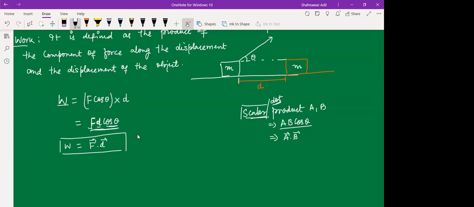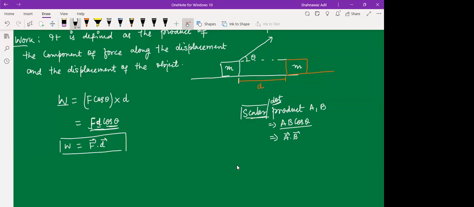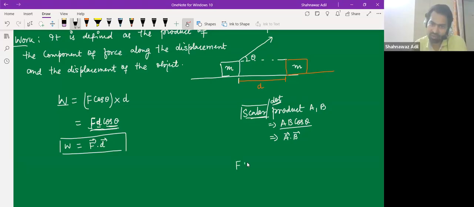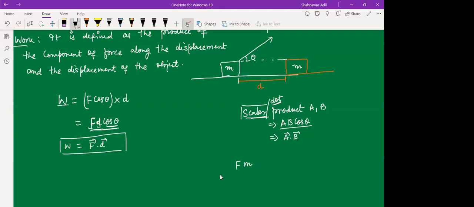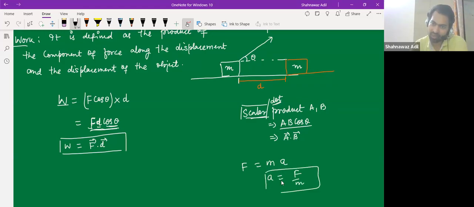There's also this equation, weight equals F by M or F into mass. F is ma, so acceleration is F by M, right? Weight is mg.